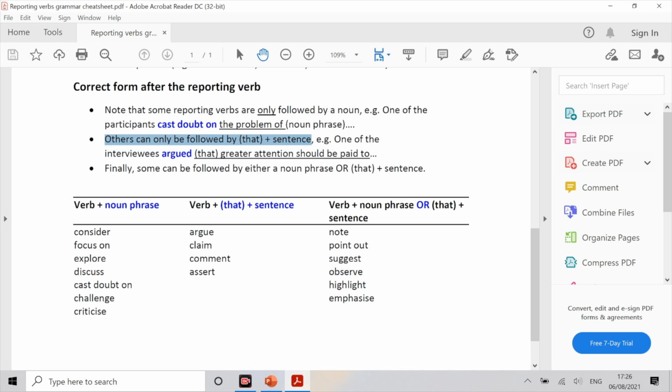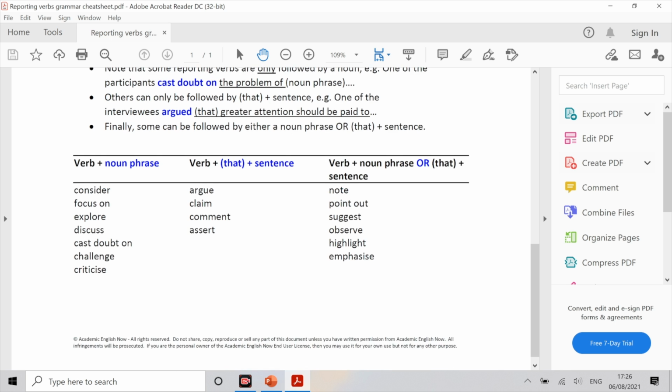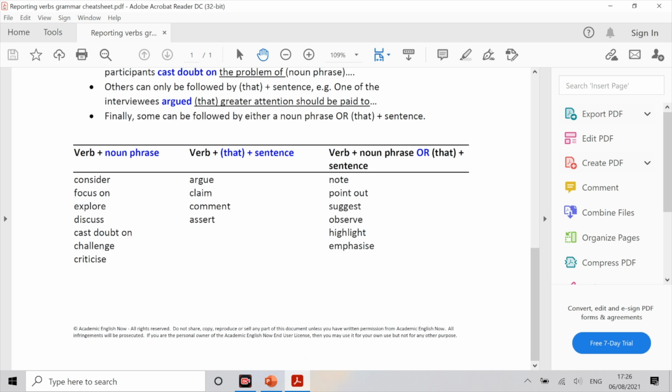So like one of the interviewees argued that greater attention should be paid to. I cannot really say, one of the interviewees argued greater attention. It doesn't work, right? And then finally, there are lots of verbs that can be followed by either a noun phrase or that and a sentence, right? So in that case you can choose, and you've got these three here.